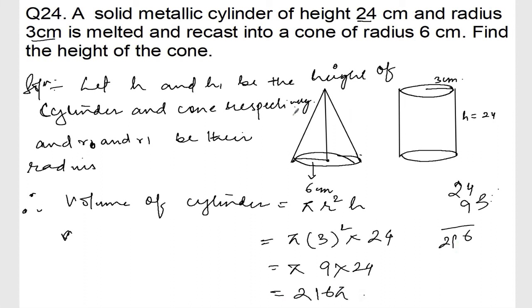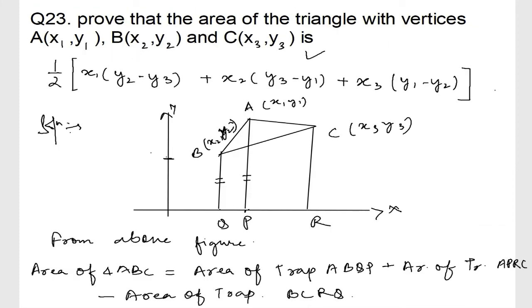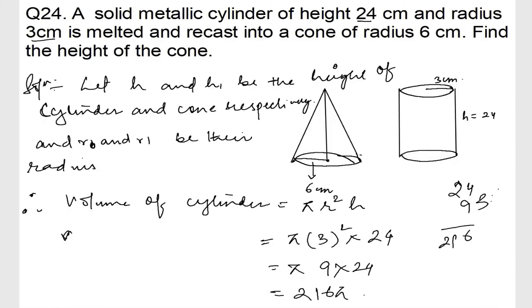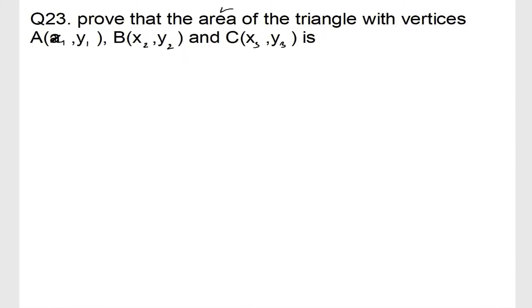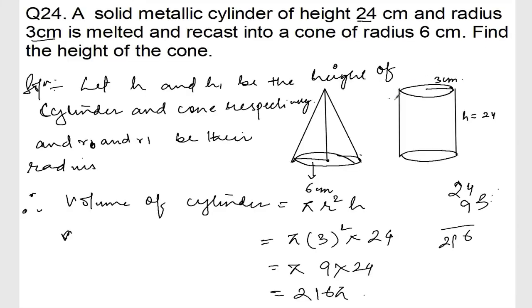Okay, now let us find the volume of this cone. So let me take a new page. Let me rough the previous question. Therefore volume of the cone, so this is our cone, let me find the volume.